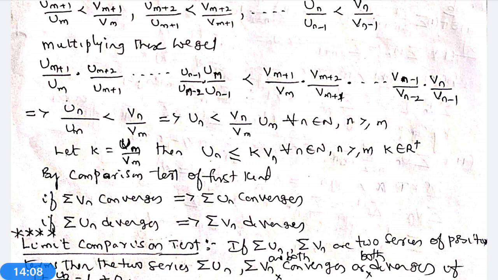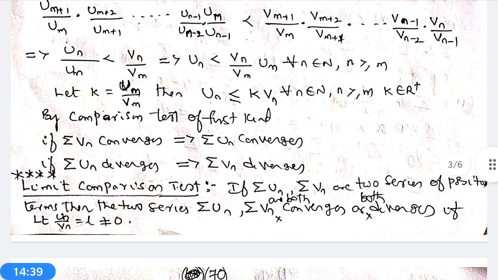Let k = um/vm, then un ≤ k vn for all n ≥ m, k belonging to R+. By comparison test of first type, Σvn converges implies Σun converges. Second one, if Σun diverges, implies Σvn diverges. This is the comparison test of second type.